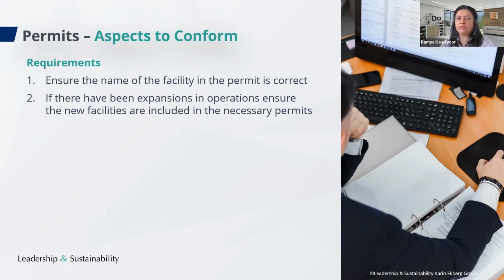So you should have the boundary and the scope of the Higg FEM very clearly defined, and it is defined as per what you will report on the FEM module.